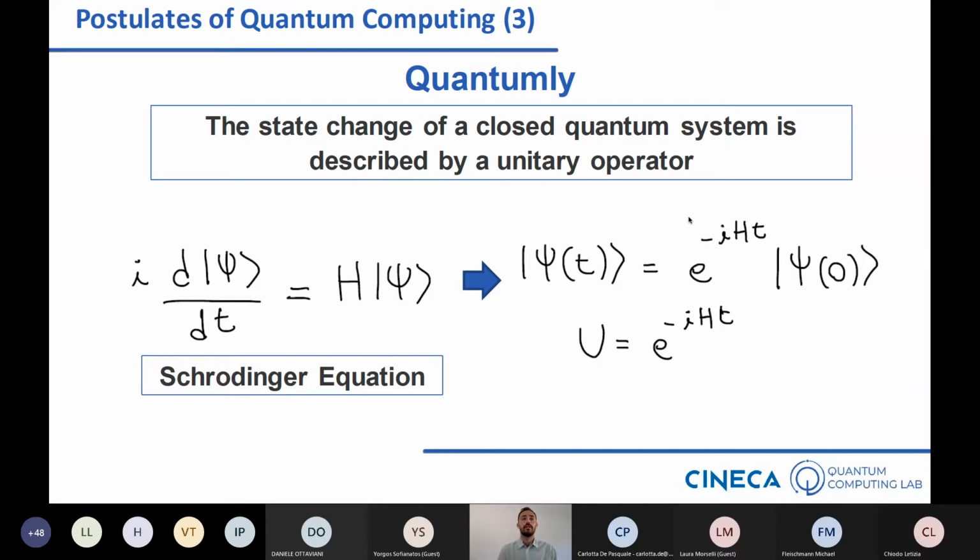The evolution in time of your quantum state psi is described by the Schrödinger equation, whose solution is this one, where e to the minus i H t, where H is called the Hamiltonian, which defines the energy of your system and also describes how it evolves in time. And this is a unitary operator, so everything is unitary.